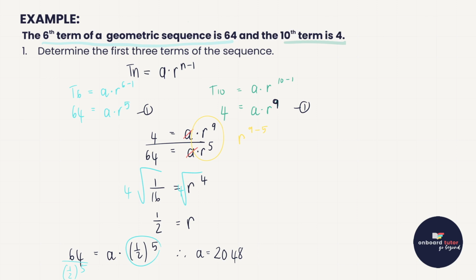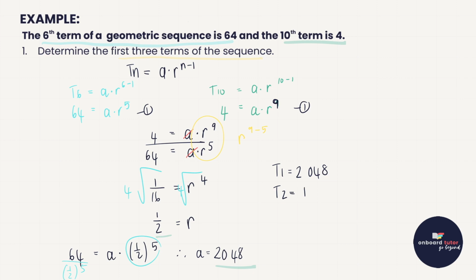And now that I know what a is and I know what r is, I am able to answer the question. They wanted the first 3 terms of the sequence. So a is always my first term. So term 1 is going to be 2048. Term 2, seeing as though I have a constant ratio of a half, I can simply take this 2048 and multiply it by a half.